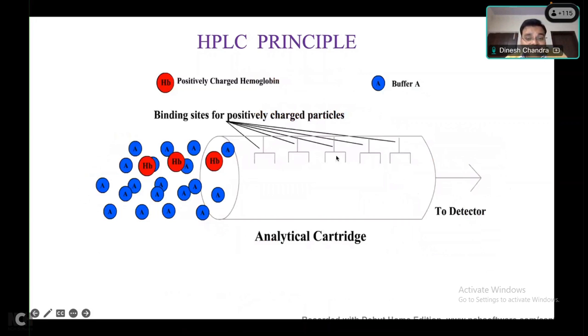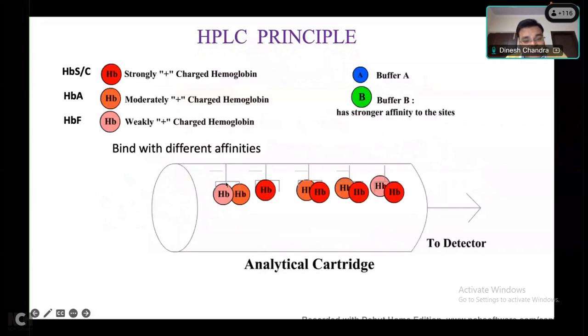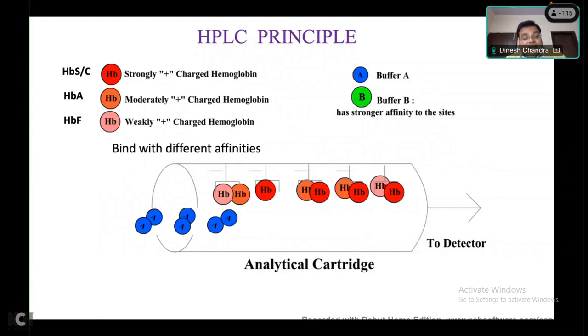This column is strongly negatively charged, and at alkaline pH the hemoglobin is positively charged. Along with the buffer, different types of hemoglobin pass through this. These different hemoglobins have different positive charges, so on the basis of affinity, they attach to the negatively charged column.